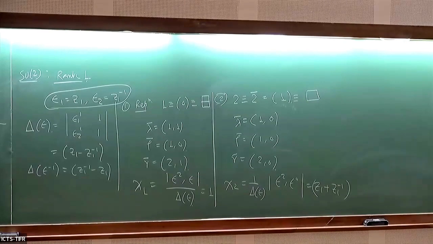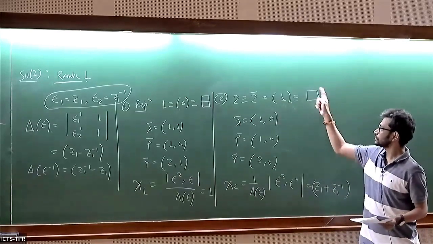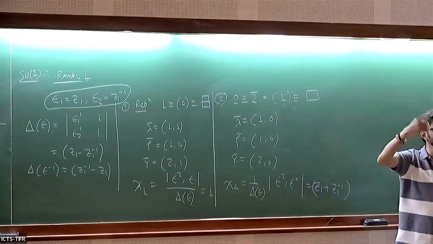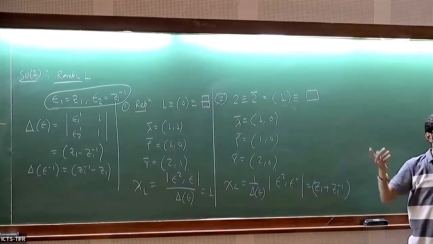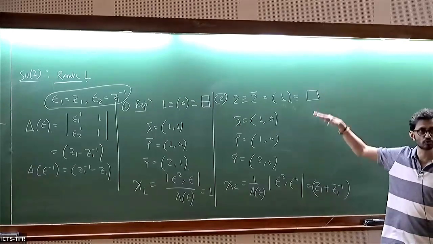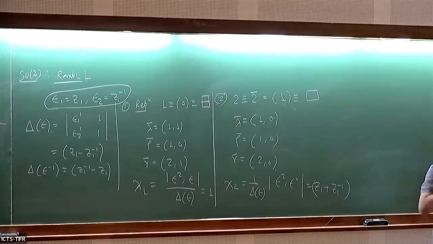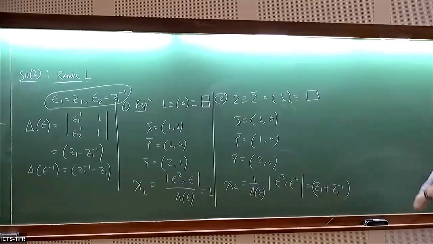And if you start with a 2 bar, because for 2 bar the Young diagram is exactly same, because you have n minus 1 number of vertical boxes for n bar, here it is 1, so that's why even if you start with 2 bar, you get exactly the same character. So that's why every step you can check the equivalence of the knowledge that you have regarding this representation theory. You can check with the character calculation.